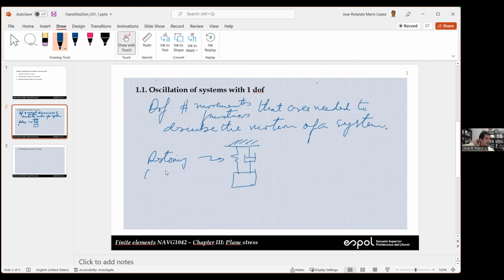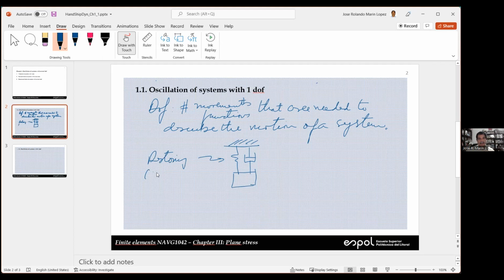For example, in the case of a ship, if you push downward, you're going to have more buoyancy than you need. And that extra buoyancy represents the effect of the spring. There's no spring, it's just a similar effect, the restoring effect, okay?